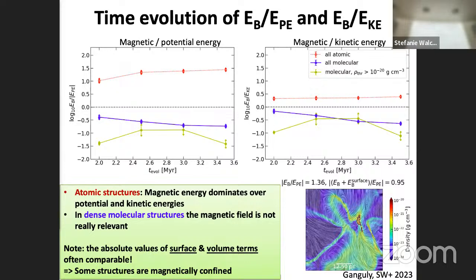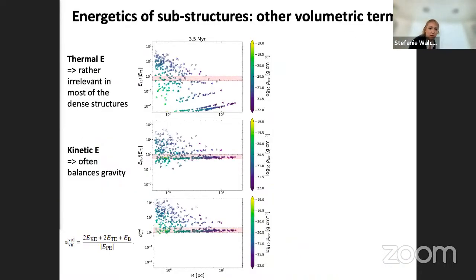Again, this is the ratio of magnetic to potential energy and the ratio of magnetic to kinetic energy. In particular, in these atomic structures, these are the red lines, the magnetic energy is also relevant, yeah? And then it becomes less relevant as you go to denser and denser gas. But let me go here again.